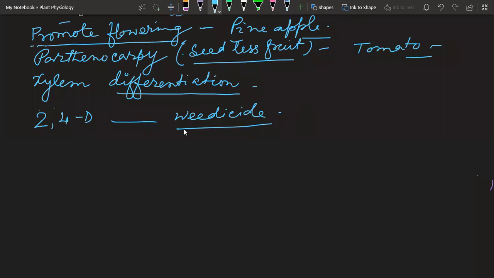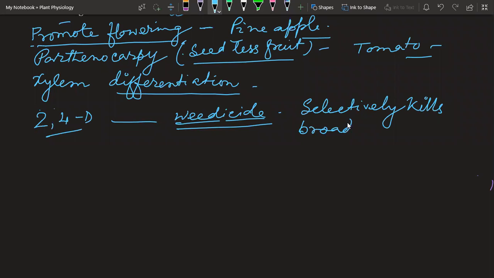Spraying of this hormone kills weeds, but it selectively kills broad-leaved plants.